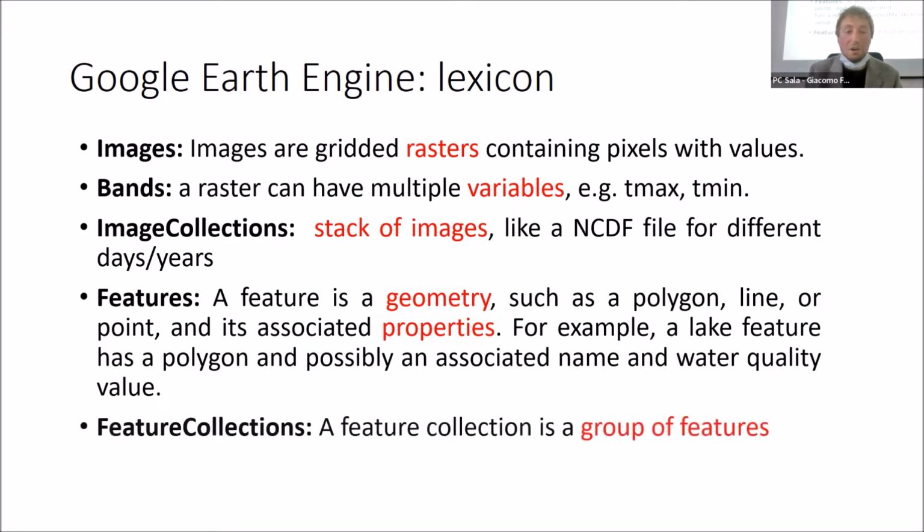And finally, you have feature collection, which is simply a collection of features. So it's a set of polygons, a set of points. So as you can see, it's the same type of data, simply in Google Earth Engine it's not called raster and vector, but it has a slightly different name. It's good to remember this terminology.